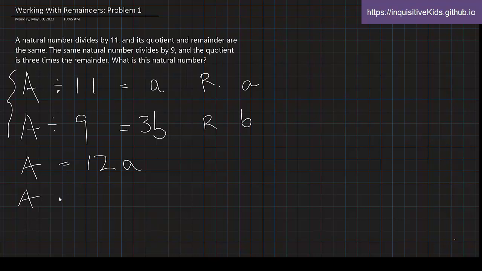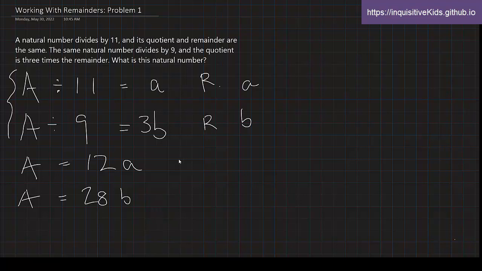A is also equal to 28b. And why do I know this? Because 9 times 3b is 27b plus one more b is 28b. So ask yourself if this makes sense, right? And if it doesn't, just think about the definition of these two equations.